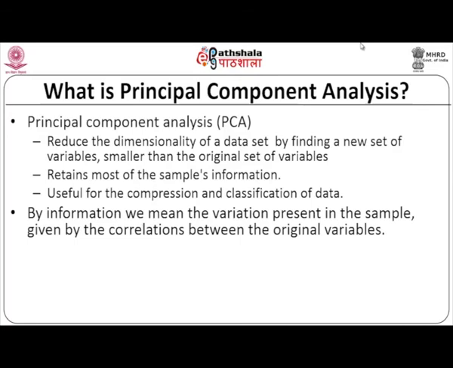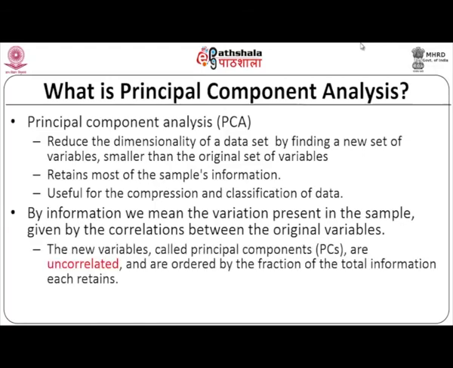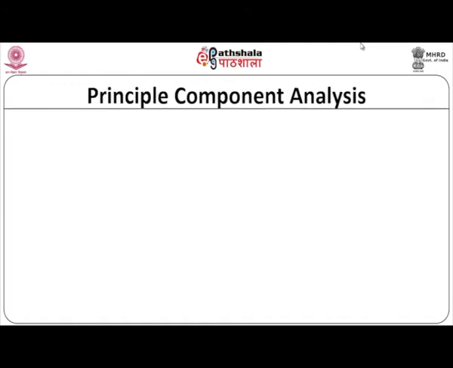So, we are trying to preserve the variation given by the correlation between the original variables. The new variables, called principal components, are uncorrelated and are ordered by the fraction of the total information each retains. So, the new variables that we get, which are transformed from the original space, are uncorrelated. That is what we mean by principal component analysis.